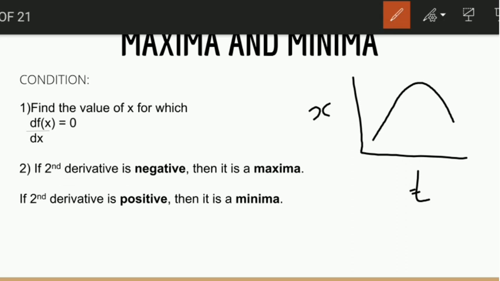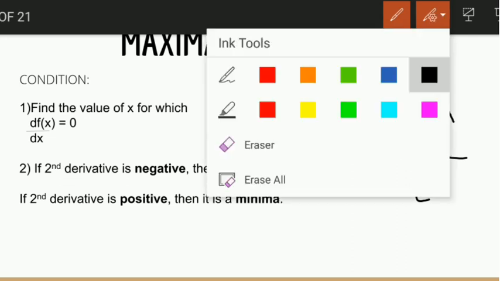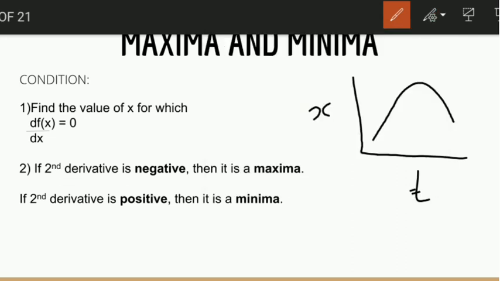If you check this graph, you know that at some point the distance was maximum. Practically, when we throw a ball from the ground, the distance is maximum when it reaches the topmost point. After reaching the topmost point, it comes back.